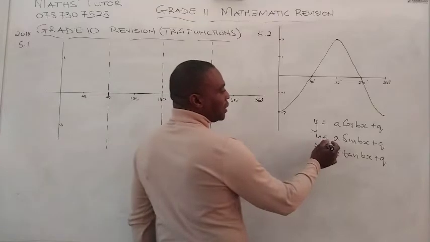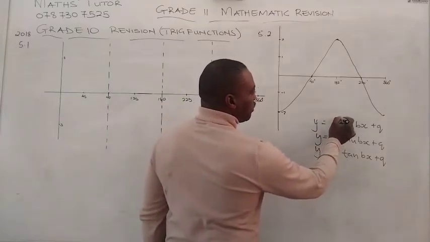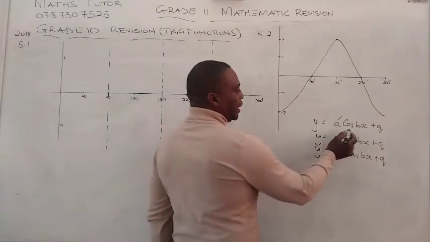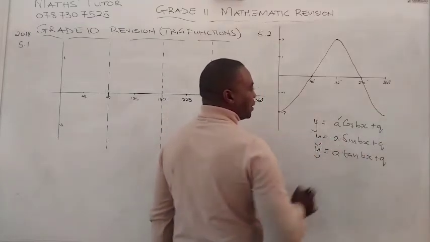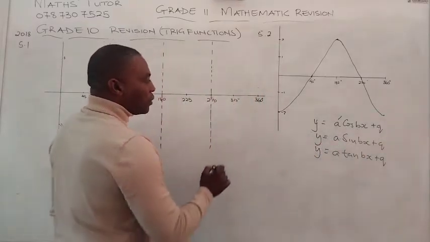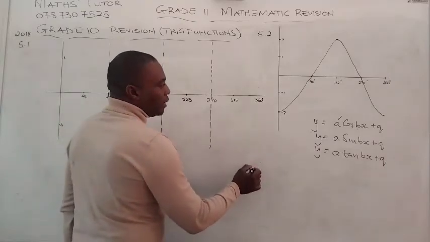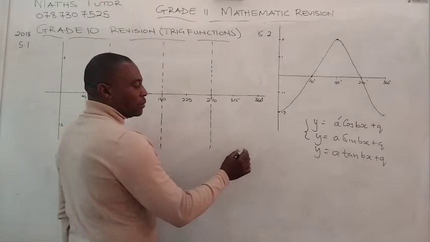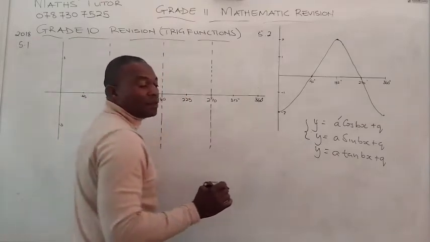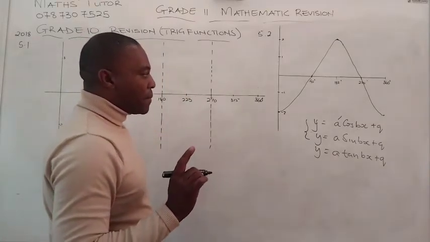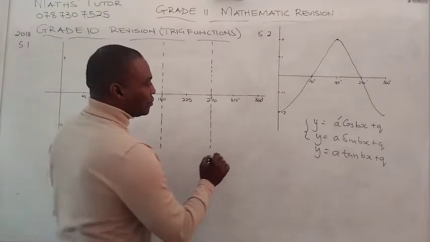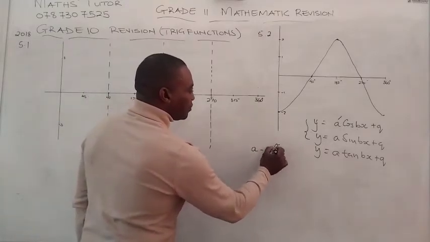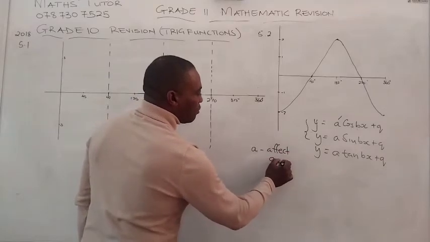So all we need to know is the effect of a, the effect of b, and the effect of q. So the effect of a on these two is that it will change the amplitude.